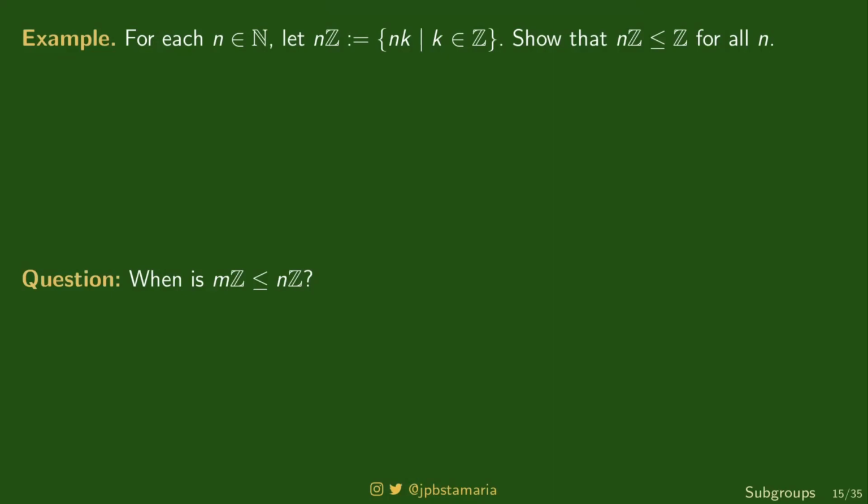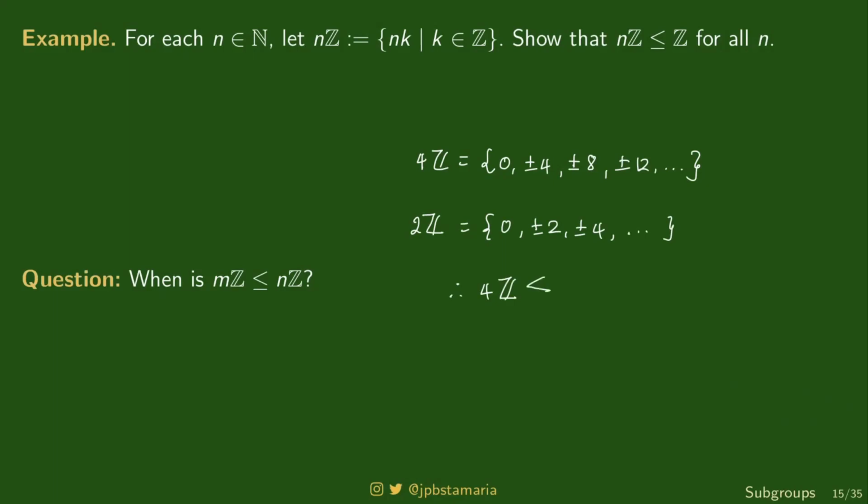I will give you an example. Halimbawa, 4Z contains the multiples of 4. And this is a subgroup of Z. Nagkataon, lahat ng mga elements ng 4Z ay even. Therefore, si 4Z ay nasa loob lang ng 2Z. Okay?